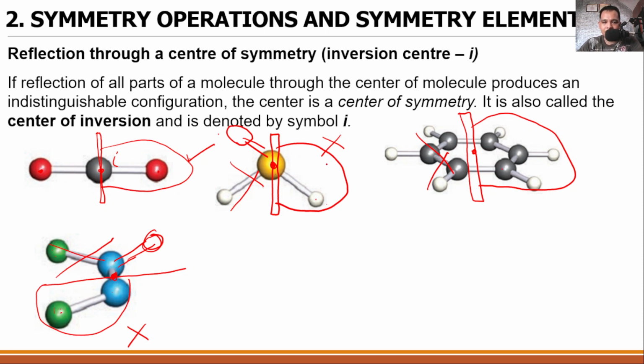So this molecule, remember, not mirror images, but rather an inversion. So this one contains an inversion. This one also contains an inversion. This one also contains an inversion. So this one contains a central inversion.